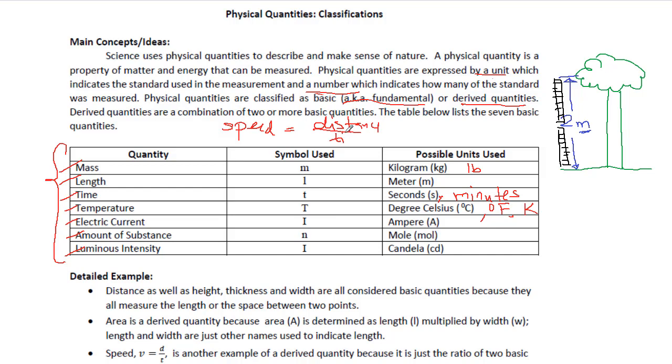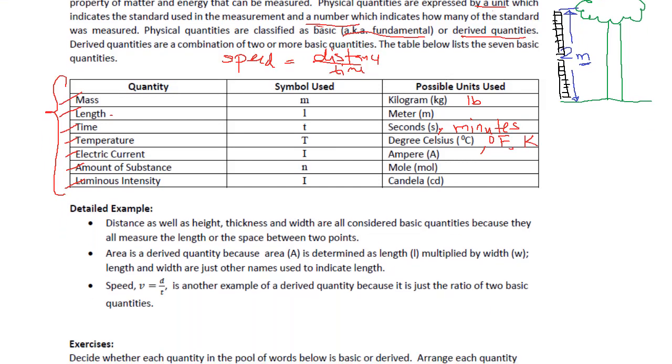So as you can see, speed can be thought of as just a combination of distance, which is length, and time. So speed is a derived quantity because it can be broken down into length and time quantities. So let us have here the detailed example.